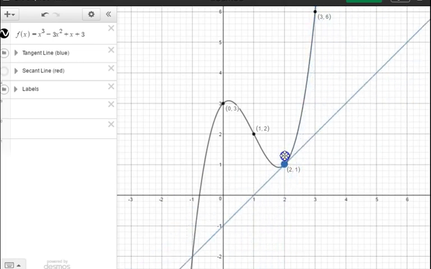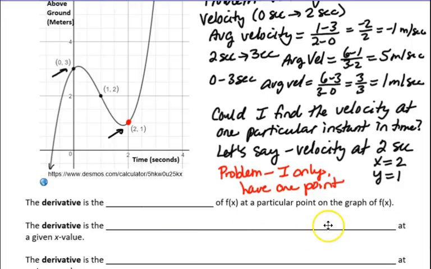Okay, but I'm particularly looking for the slope at the point 2, 1. So if I know the slope of the tangent line at 2, 1, that's the same as the slope of the graph, it turns out. And you can see that this looks like a slope of about 1. Looks like we have about 1 over 1. It's hard to show exactly where the tangent line is, but that looks pretty close. So I can estimate by drawing a tangent line.